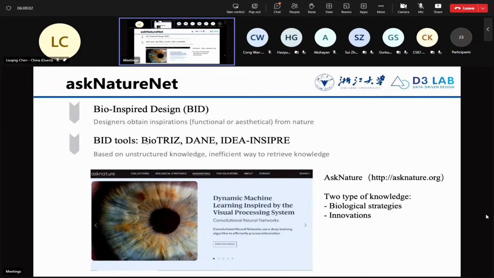Bio-inspired design aims to help designers obtain inspirations, either functional or aesthetical, from nature. There are some bio-inspired design tools, but they are inefficient at retrieving knowledge, and the knowledge bases are often unstructured. Therefore, we propose AskNatureNet, which takes advantage of AskNature's cases and semantic networks for biological knowledge retrieval.